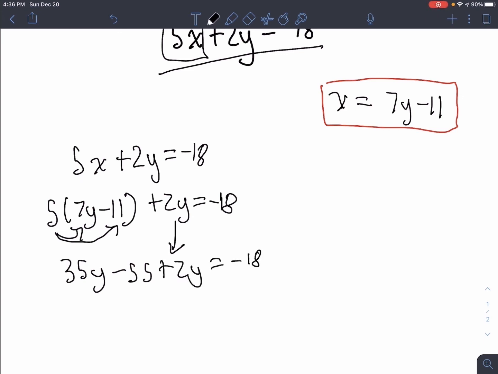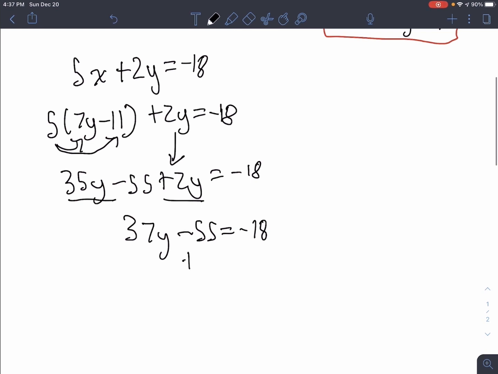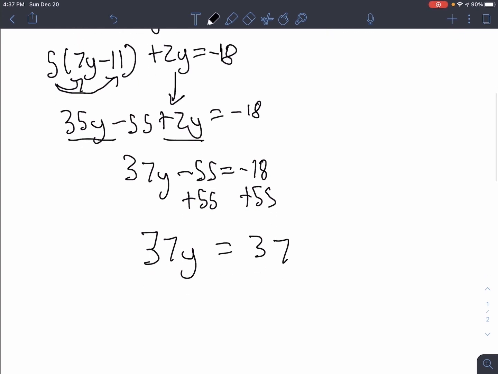So 35y plus 2y, we're just adding like terms here, is 37y minus 55 is equal to negative 18. Now we add 55 to both sides to get 37y is equal to 37. Wow, what a cool number. So we divide both sides by 37, and as you may have guessed, y is equal to 1.